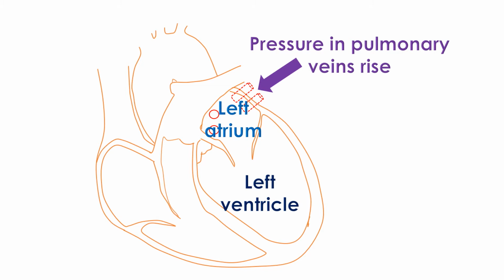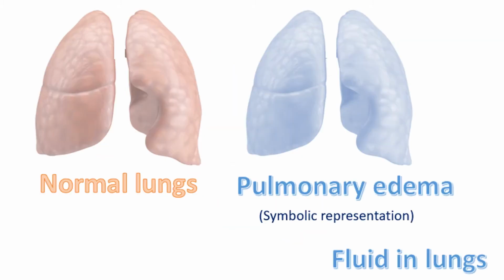Increase in pressure in the pulmonary veins increases the pressure in the small blood vessels of the lungs known as capillaries. The lung capillaries line the tiny air spaces of the lungs known as alveoli, where carbon dioxide is removed from the blood and oxygen taken up.